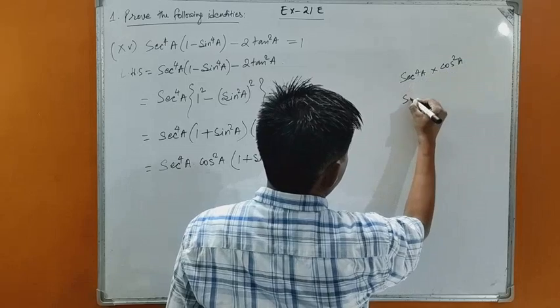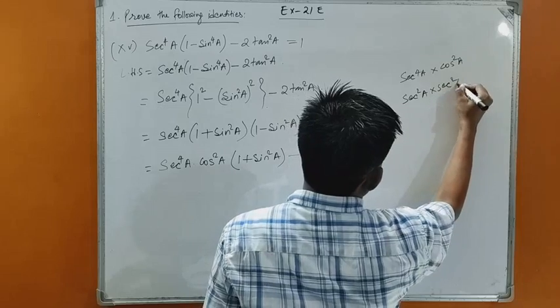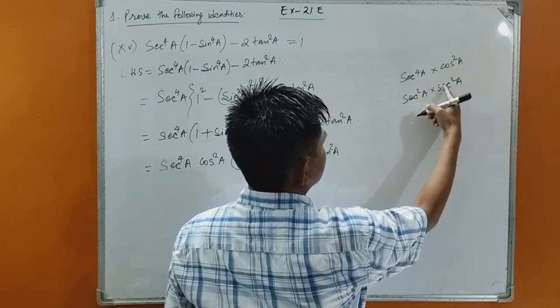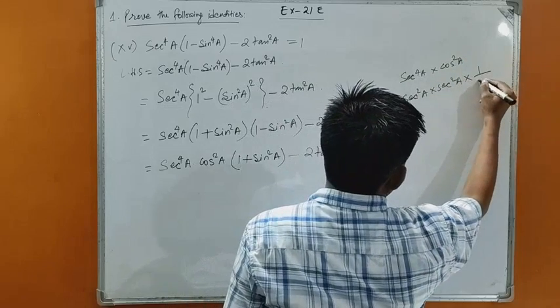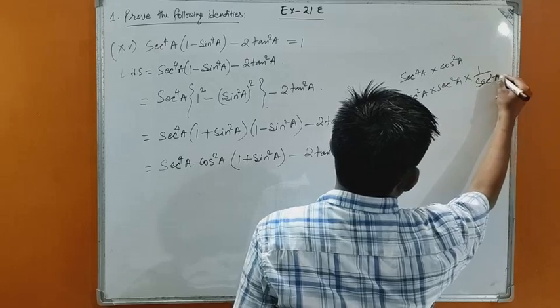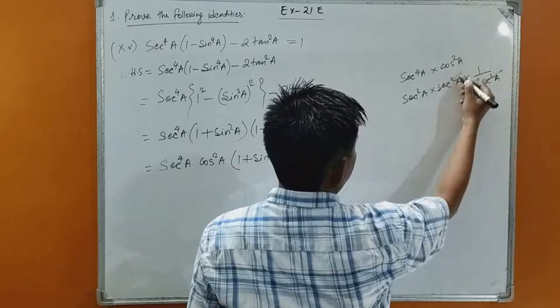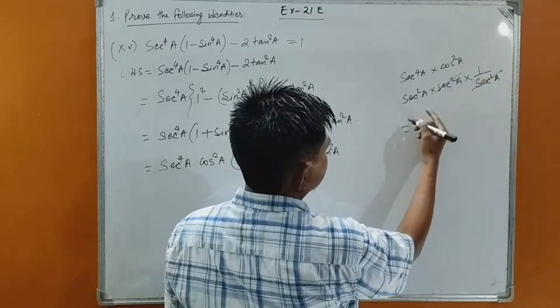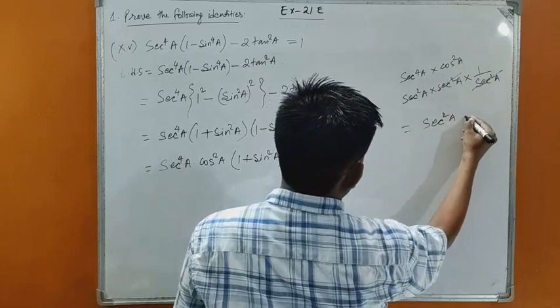Sec to the power 4a can be written as sec square a into sec square a, isn't it? Sec square a into sec square a gives us sec to the power 4a into cos square a means 1 upon sec square a. Cos square a means 1 upon sec square a. So let's cancel this sec square a from the numerator and denominator. We get sec square a into 1 sec square a, isn't it?